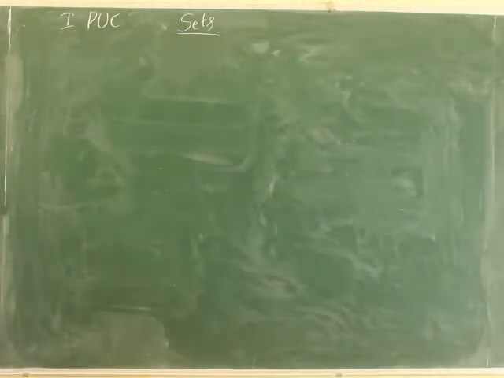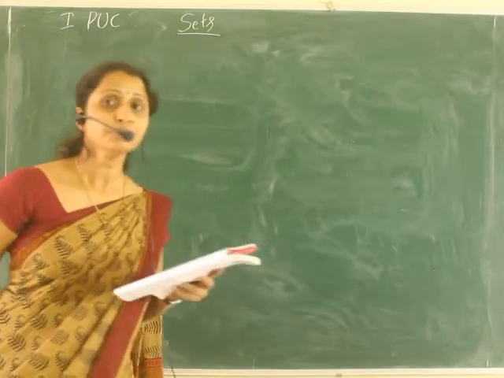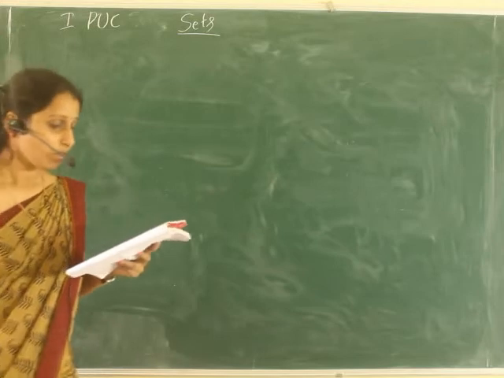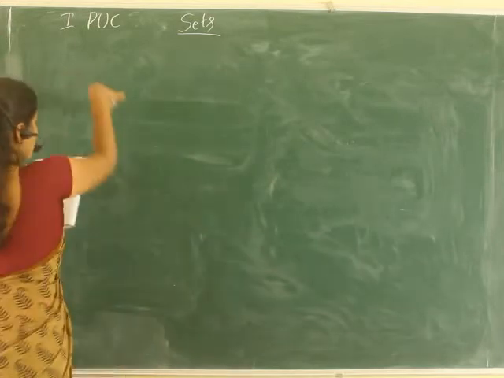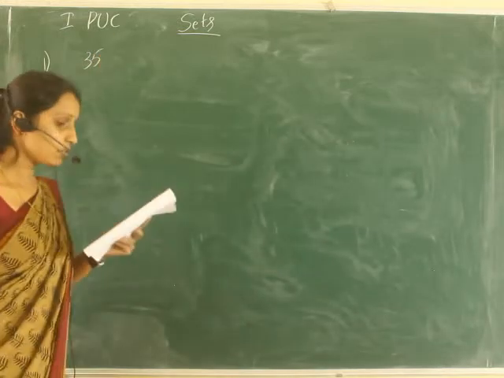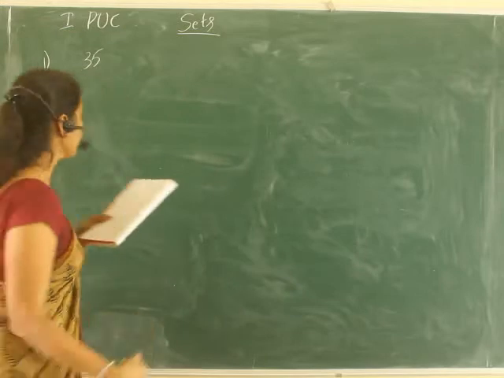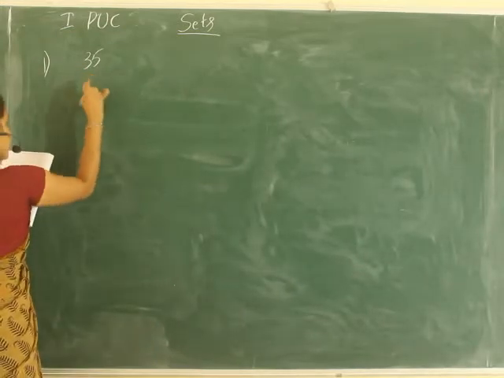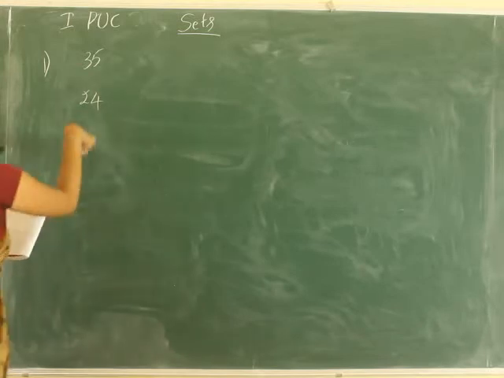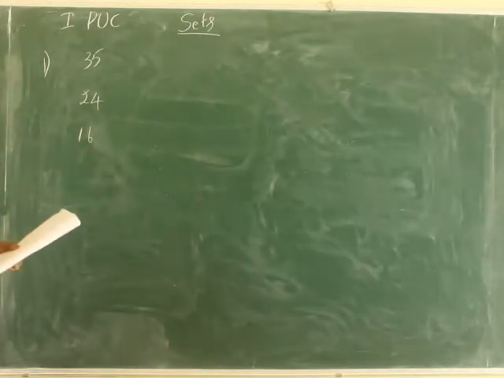So, next problem. I won't write the question on the board, I'll just dictate and you copy down. In a class of 35 students, 24 like to play cricket, 16 like to play football.